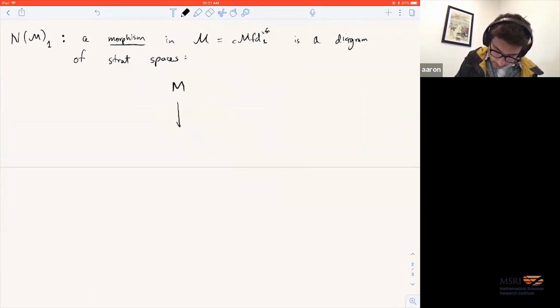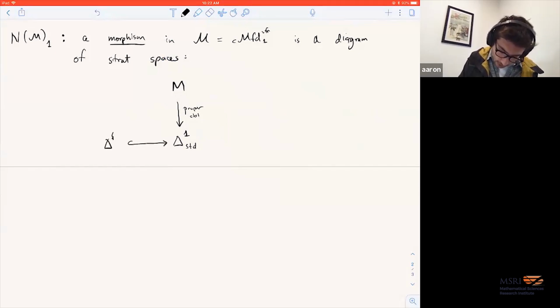It's a stratified space mapping as a proper constructible bundle down to the following stratified space. And let me just finish this before I describe what those are. So this is the zero simplex, including.